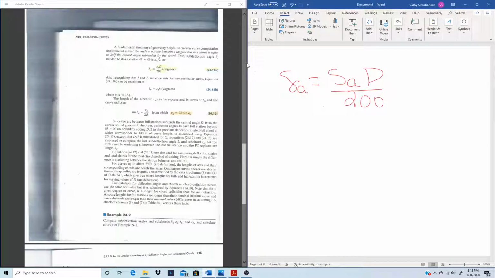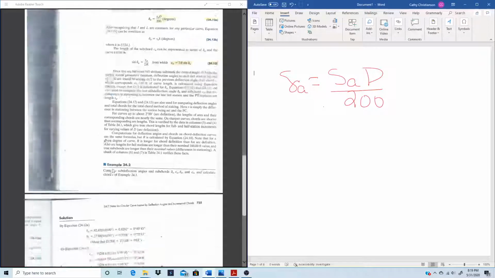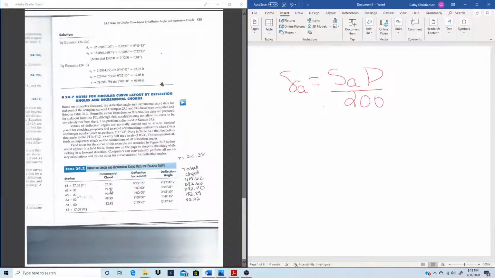That's what this little theta A looks like. The SA is the same thing as this incremental chord. So if I'm wanting to solve for the first one, it would be 82.92 times, and our D in the problem was 2 degrees.